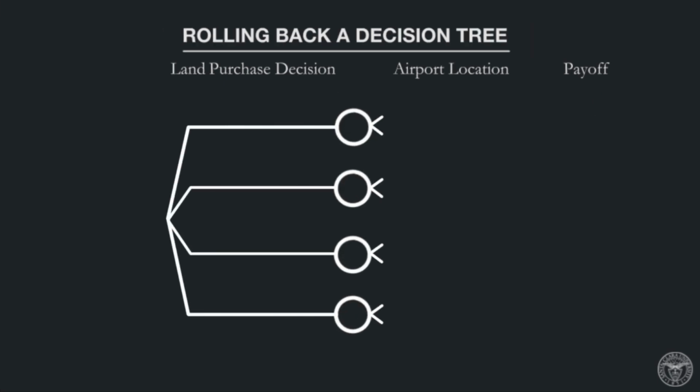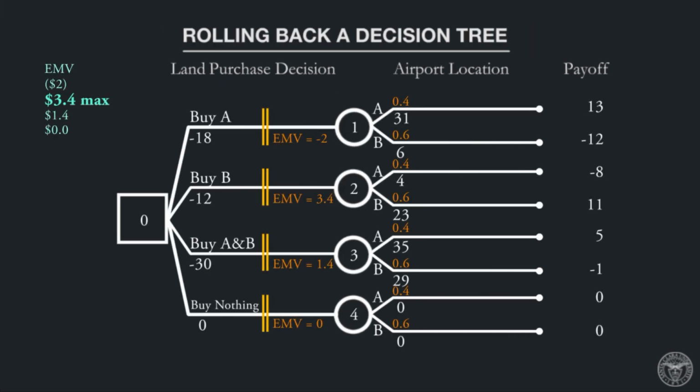If we have the probability information, for example, 0.4 for state of nature A and 0.6 for state of nature B, we mark all that probability information on the branches of the state of nature. And now we can compute the game backward.